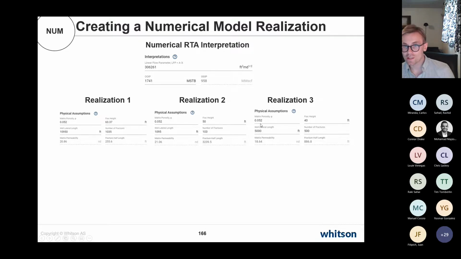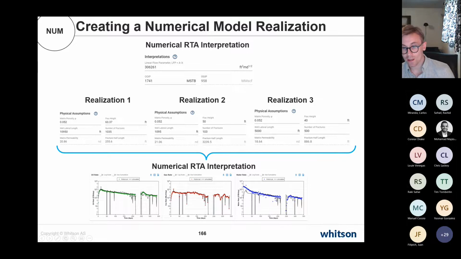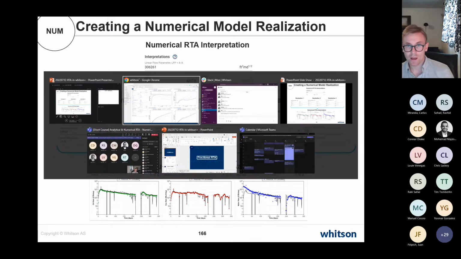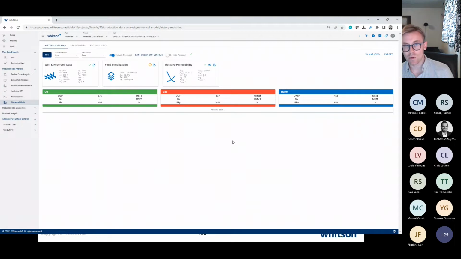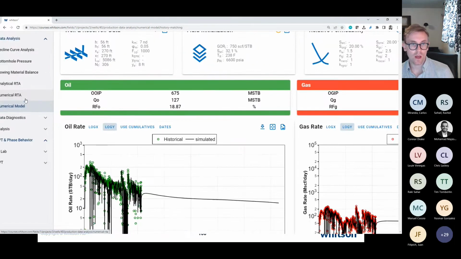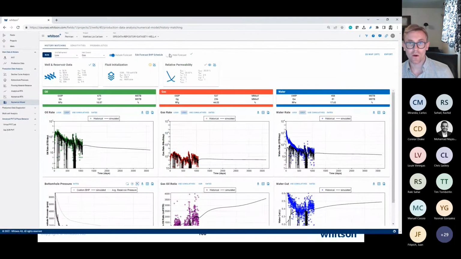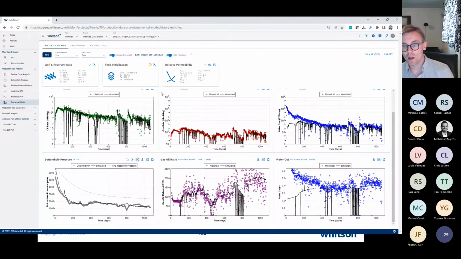They all have the same LFP and OIP and original gas in place, but when you bring them into a numerical model exercise, they give exactly the same rate versus time performance. And that's what you do here when you click export in numerical RTA and you bring these into your numerical model right here. No matter how I combine these parameters, the history match will be the same. It will also be a very good history match on the first run.